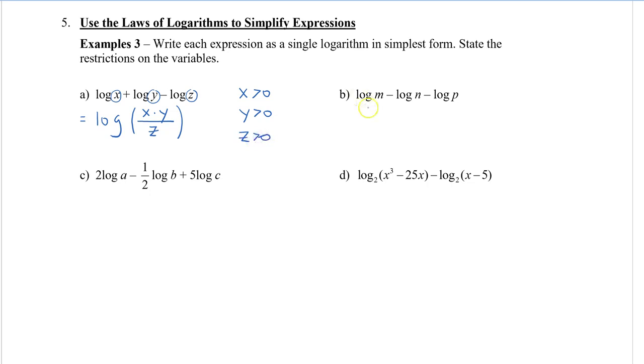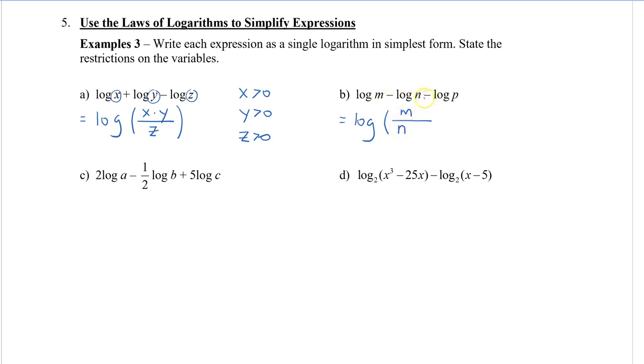And this third question here is very similar to the first one, but notice that the second expression has a minus as well. So in this case, the m is positive, so it's going to be written in the numerator. And because we have minus log n, that's going to be written in the denominator, since we're going to divide.